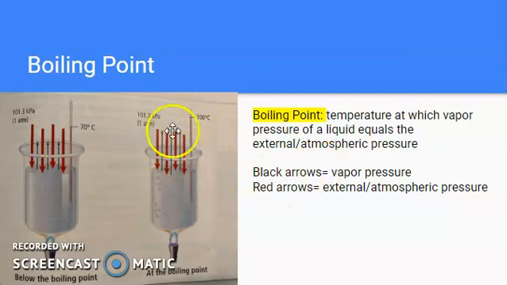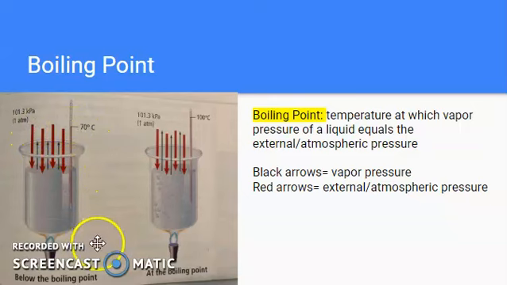In this diagram, this is water, and there is a heat source heating the water, and we have two different temperatures of water: at the boiling point and below the boiling point. Remember, the boiling point of water is 100 degrees Celsius. Below the boiling point, the black arrows represent vapor pressure, and the length of these arrows represents the magnitude of the pressure. And then the red arrows represent the external or atmospheric pressure.